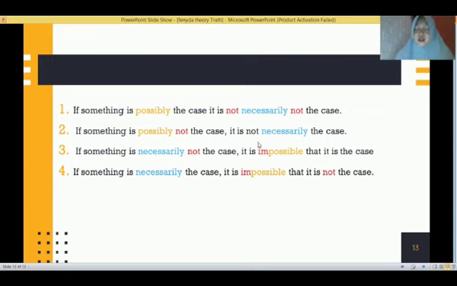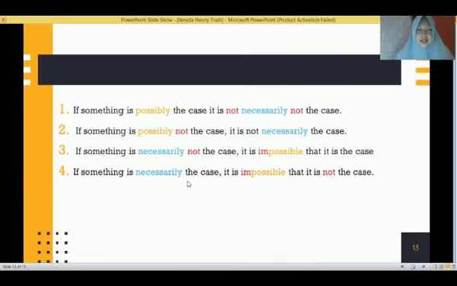It is the negative statement, and possible, it is possibility, that is the case, it is P. Next, if something is necessarily the case, necessity, it is impossible. It is this negative sentence, and possible is possible. And this is not the case, not negation or negative statement, and the case, it is P.